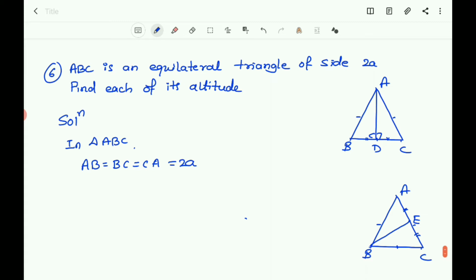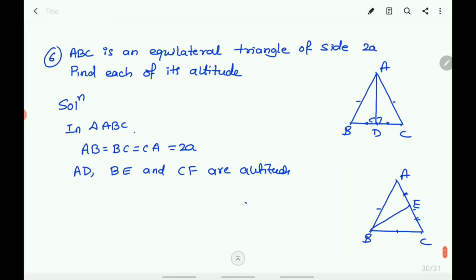Before that, let us have AD, BE and CF as altitudes. Altitudes means AD is perpendicular to BC, BE is perpendicular to AC, and CF is perpendicular to AB.